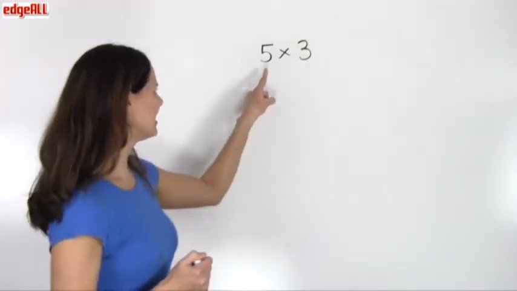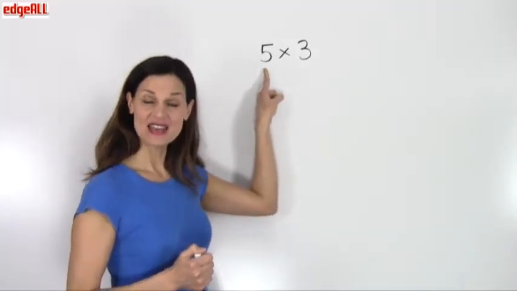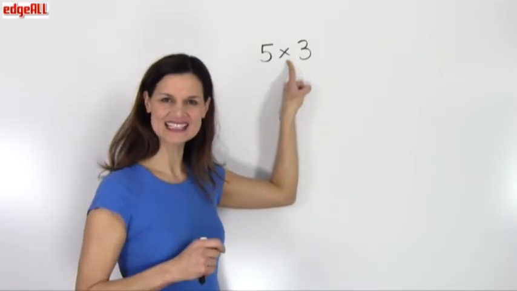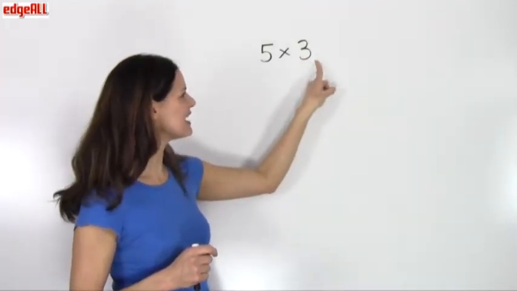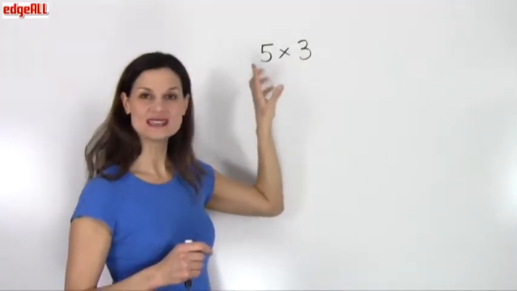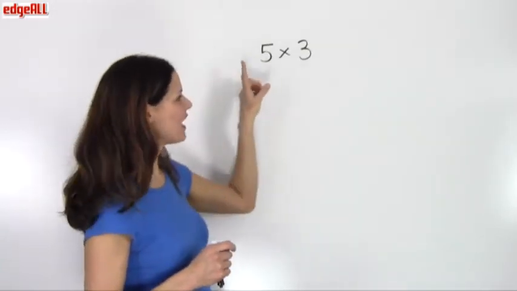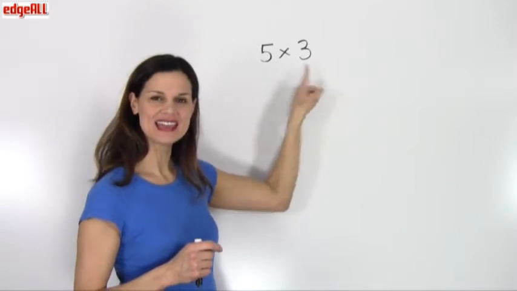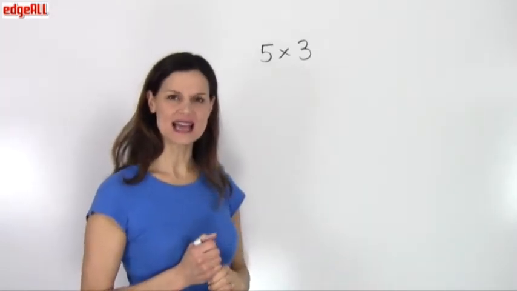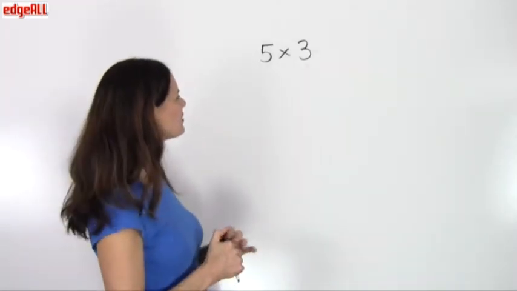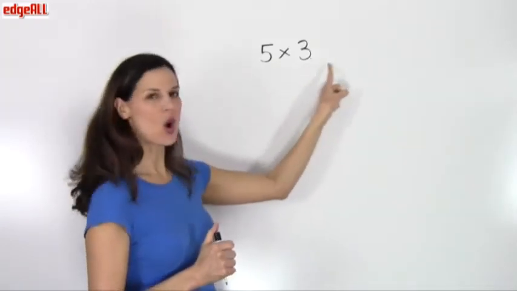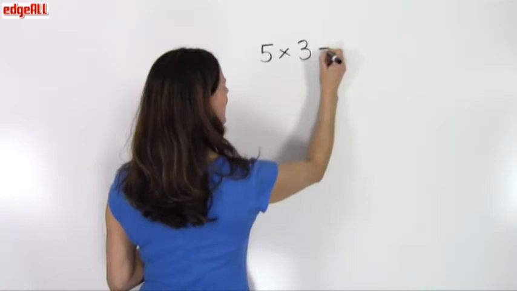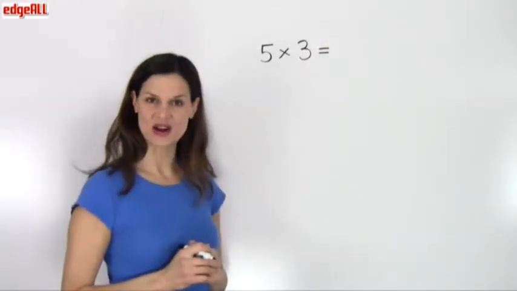We have a 5, and then we have our multiplication symbol here that's like an X, and a 3. So in this problem, we are trying to multiply 5 by 3. Now, I can write this a couple of ways. I can either write it as it is here horizontally in a line like this, and then put my answer over here.